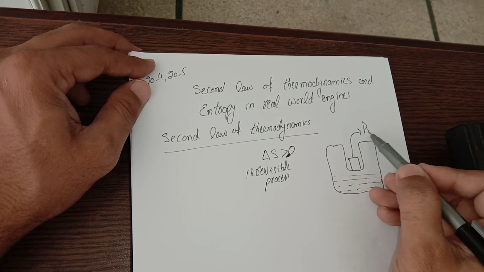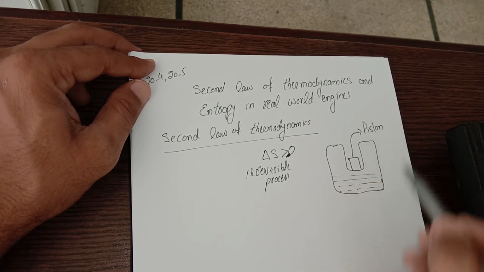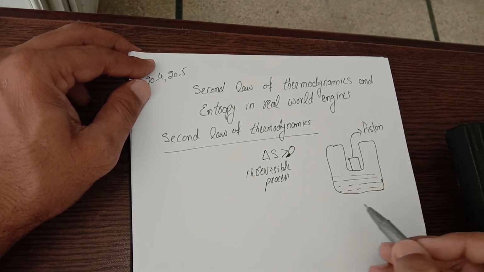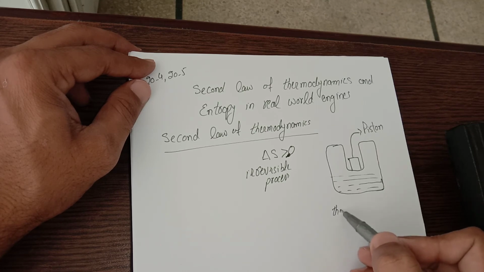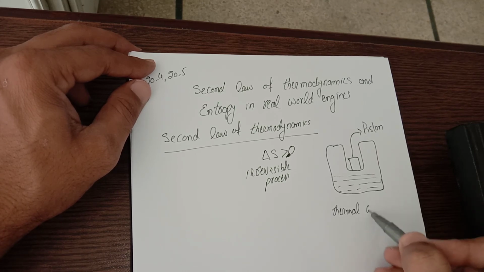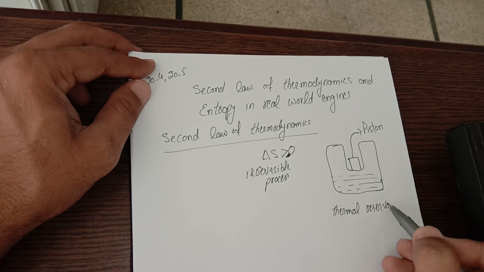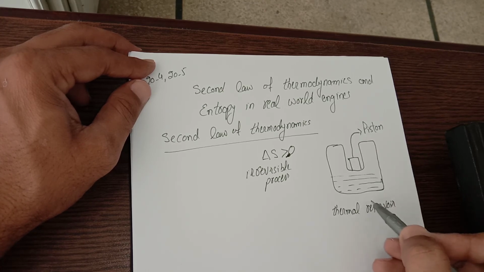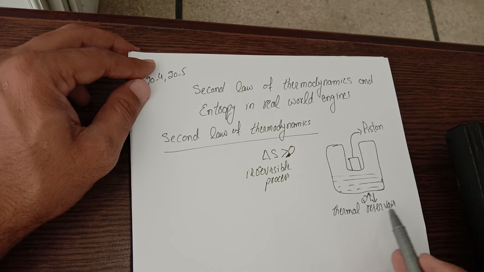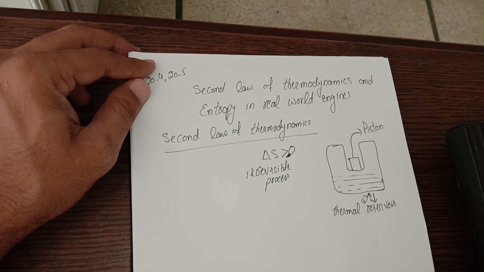Piston could be moved up and down, and there was a thermal reservoir which is used to provide heat. It may add heat to this container, or it may remove this heat from the container.